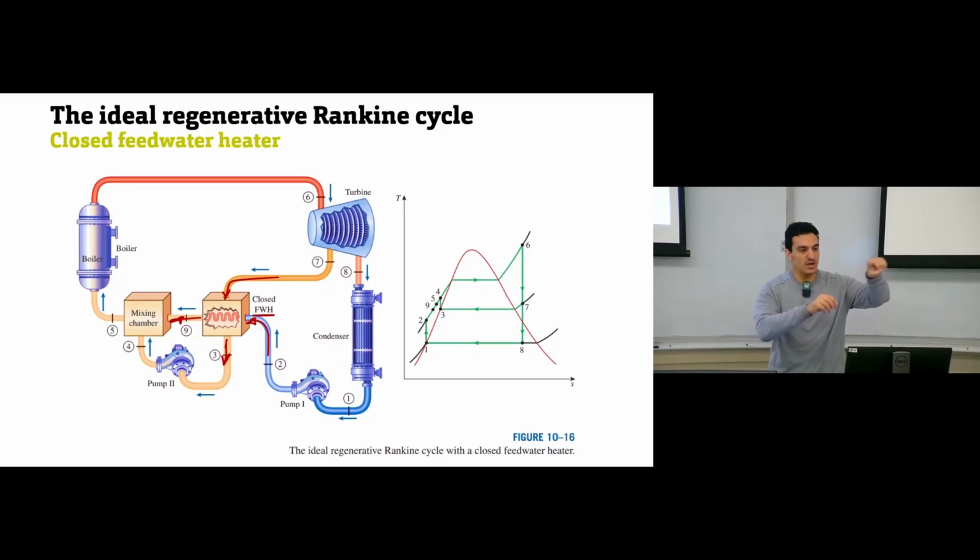It is similar to having tubes: one fluid moving inside the tubes, the other moving outside the tubes. They are not directly mixing, they are only exchanging energy through heat transfer. But they are not mixed together. So this is the difference. Again, from the figure, count how many inlets and outlets. 2 inlets, 2 outlets is a closed feed water heater. 2 inlets, 1 outlet is an open feed water heater.